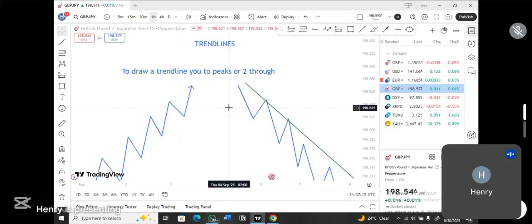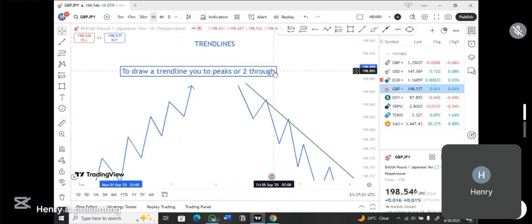Two peaks or two troughs to draw a trend line. I will explain the peaks and troughs later. To draw a trend line, you need two peaks or two troughs.